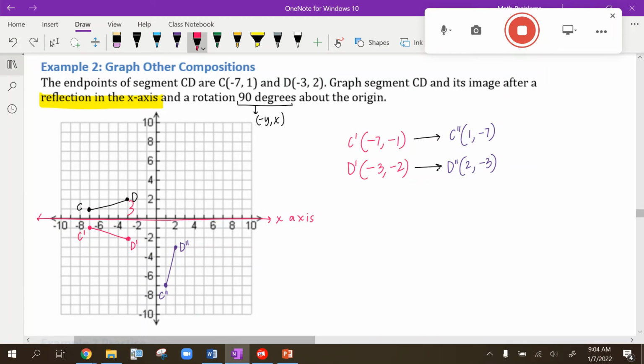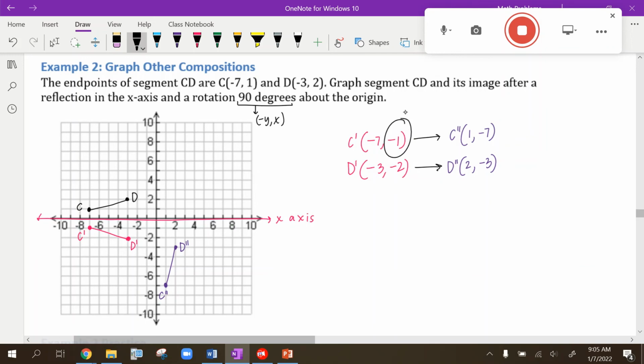Once you have that image completed, now we'll do the image of that image, the second image. So the second step was a rotation 90 degrees. Again, this is a case where I would suggest writing out the points in order to figure out with the 90-degree rotation rule, what are my points going to be. So I know that I have to do (negative y, x). So first step is to make the y, multiply it by negative 1.